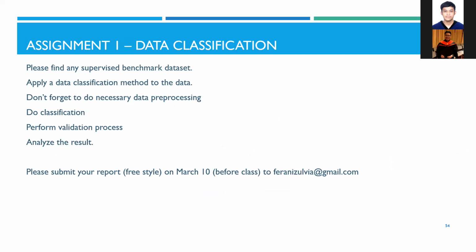You can use any supervised benchmark dataset, because benchmark datasets already have the actual class, so it's easier for us to learn and to test whether our algorithm is correct or not. Then please apply one data classification algorithm. You can choose decision tree, neural network, or both of them.